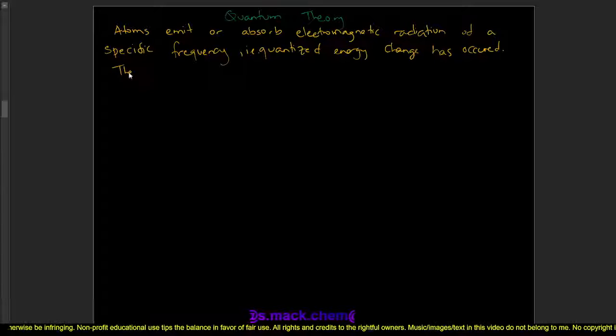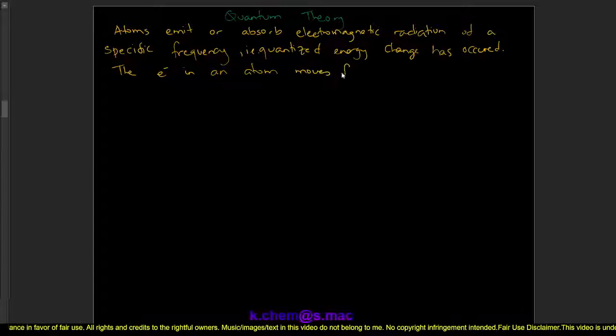So we say that the electron, and I'm just referring to one electron here as my example, so we're saying the electron in an atom moves from its, and I'm going to call this, something called a ground state.